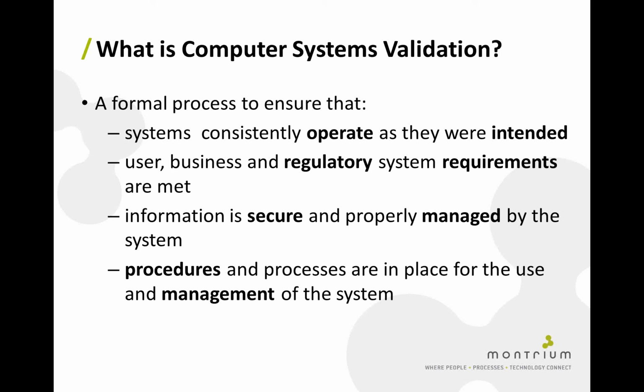It's a process which allows us to ensure that our information within the systems is secure and is being properly managed. And then finally, it's a process which allows us to make sure that we have proper procedures, so typically SOPs, in place to be able to properly manage the system and also make sure that the system is being used correctly.